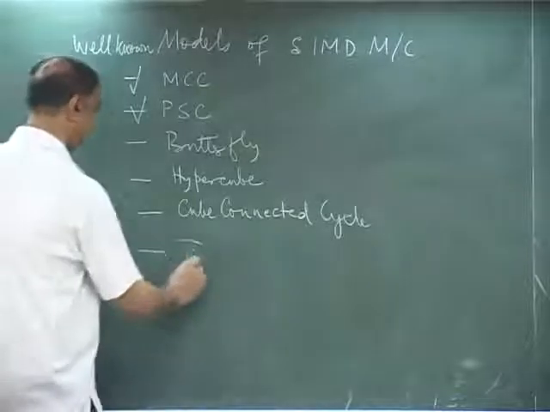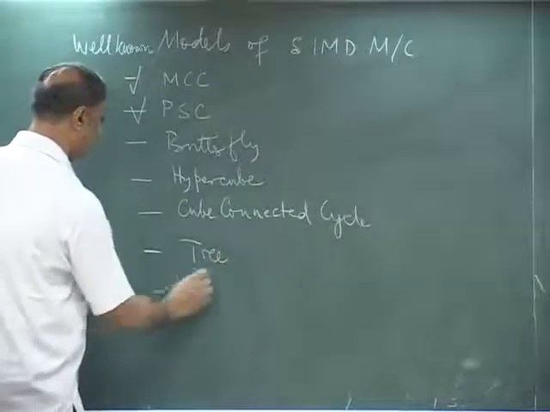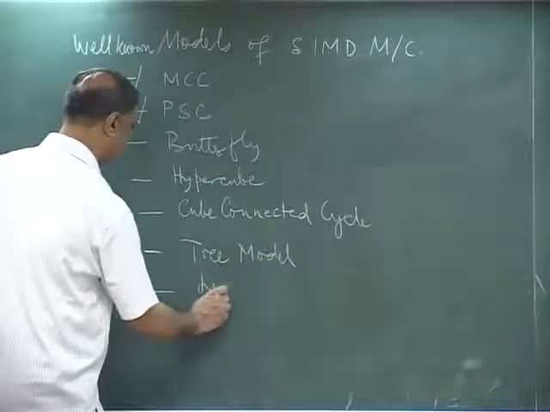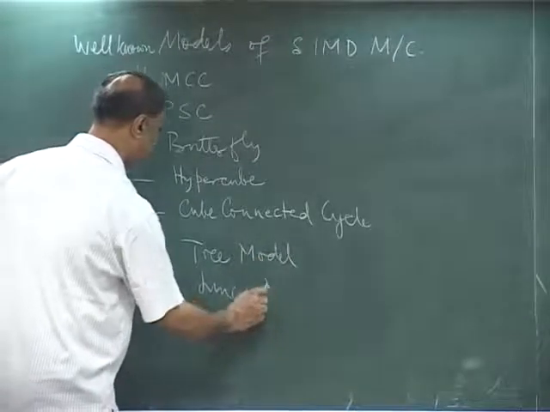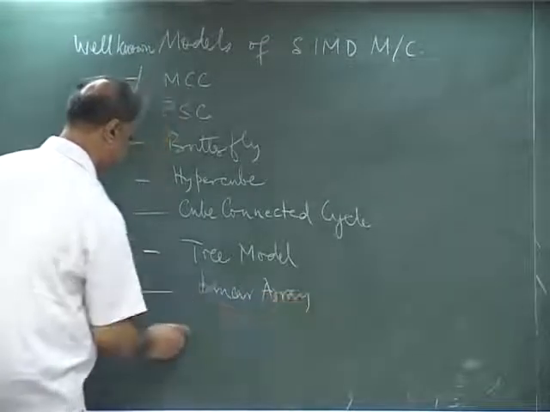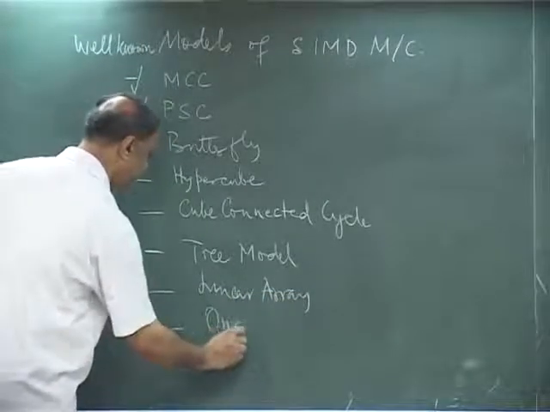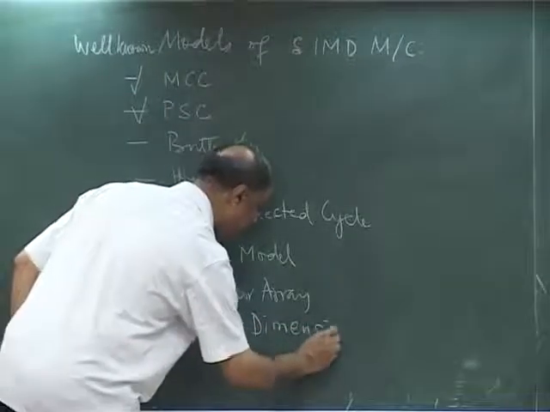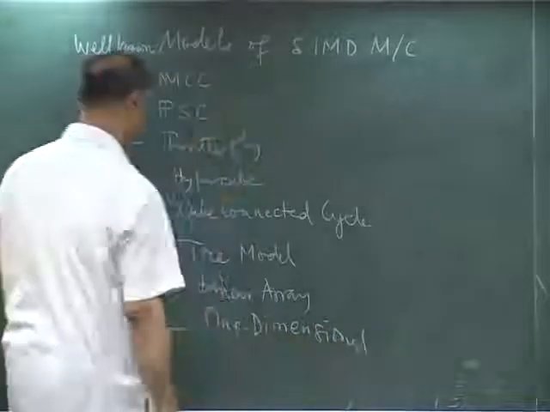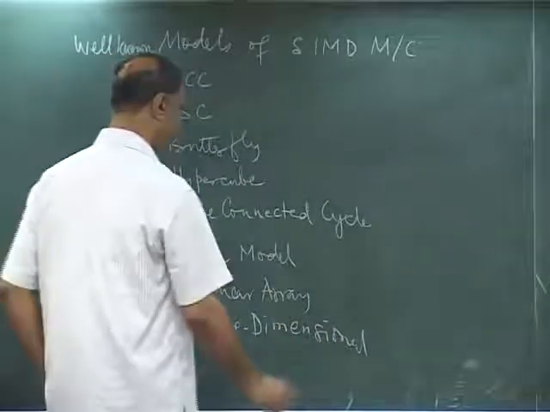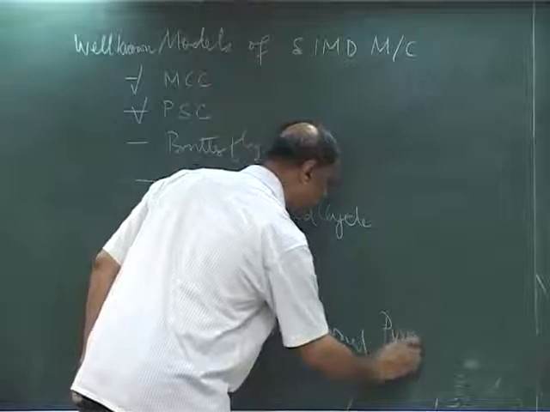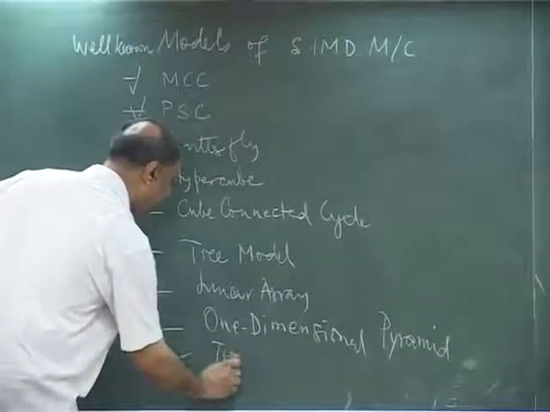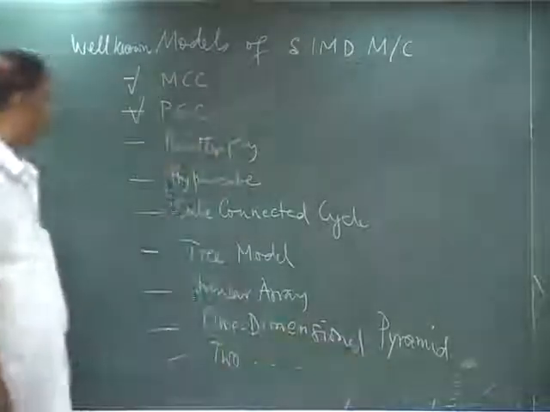Next is the tree model, then the linear array, the one-dimensional pyramid and the two-dimensional pyramid models.